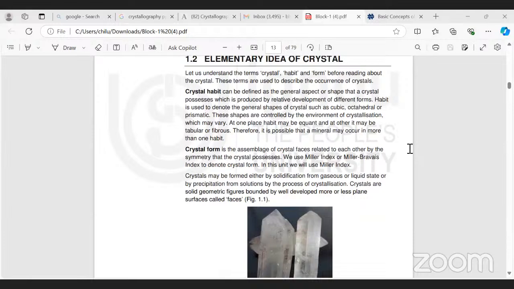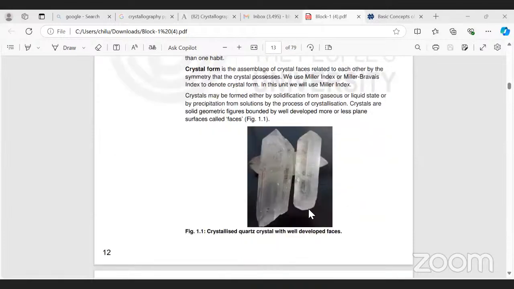You can see here a quartz crystal. It is looking like a quartz crystal. You see, it has a flat area, the surface. It has a plane, but sometimes it has more planes, or sometimes some crystals have fewer planes.